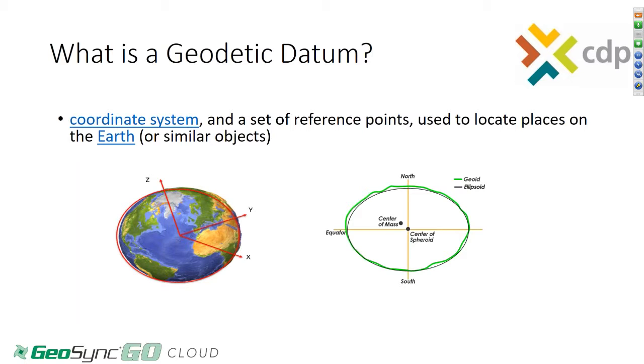We need to be able to find positions on the face of the Earth, and we see those positions primarily in latitude and longitude and elevation. So both WGS84 and NAD83 are datums, so they're both coordinate systems, and both of those are widely used in terms of mobile mapping or any sort of GNSS data capture.